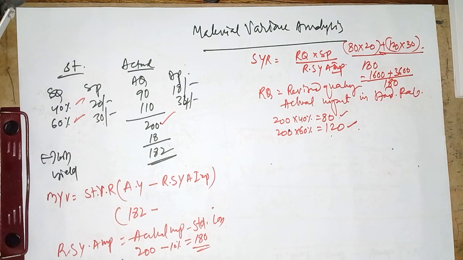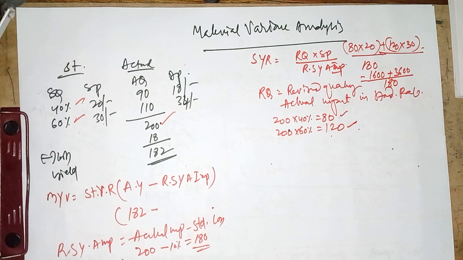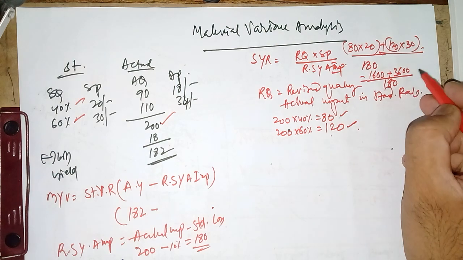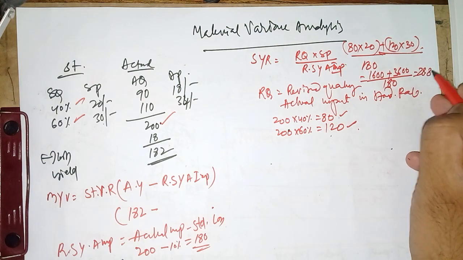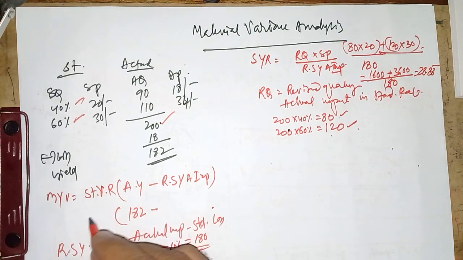So 1600 plus 3600, whole divided by 180, we are getting 28.88 recurring, right?